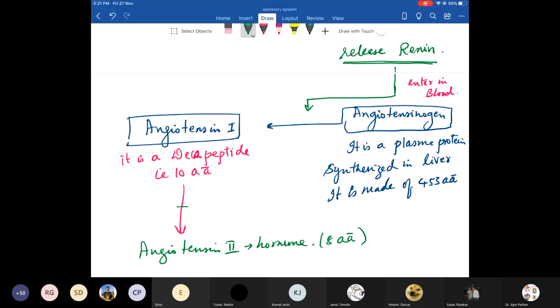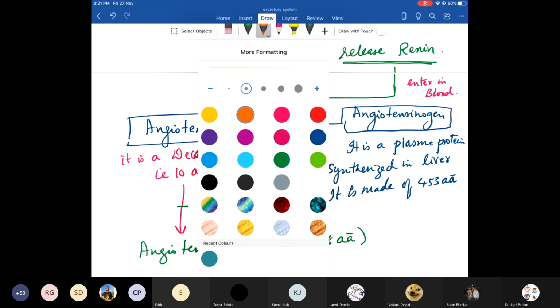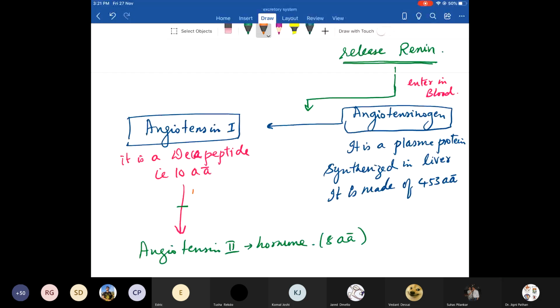Now, which enzyme will act here? The enzyme that acts here is angiotensin converting enzyme from lungs or alveoli.